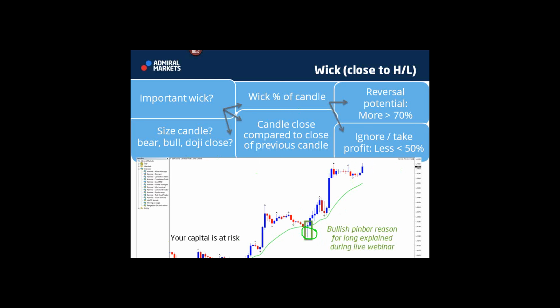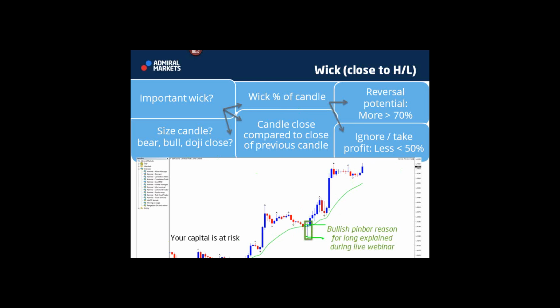And how I measure that, it's simply just measuring the candle itself. So high minus low, and you get the size of that candle. Let's say that this candle is 50 pips. Then I measure the distance between close and the low in this case.